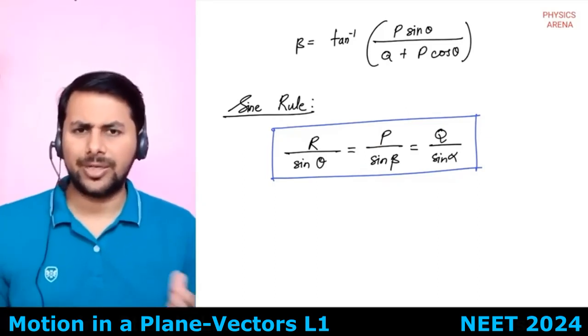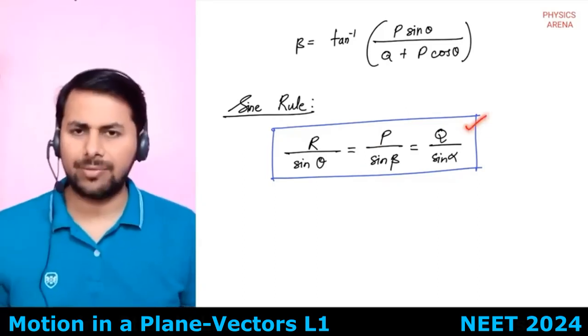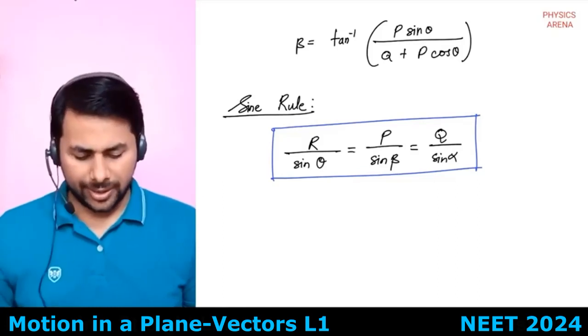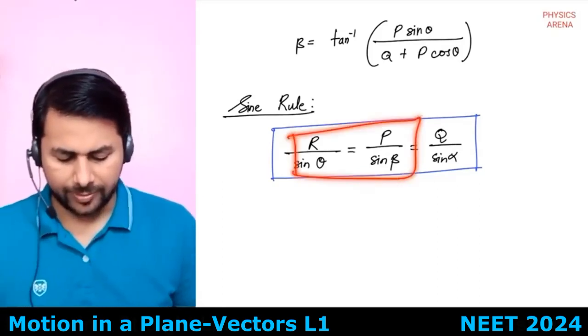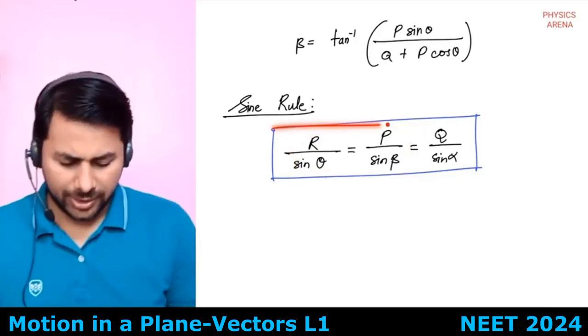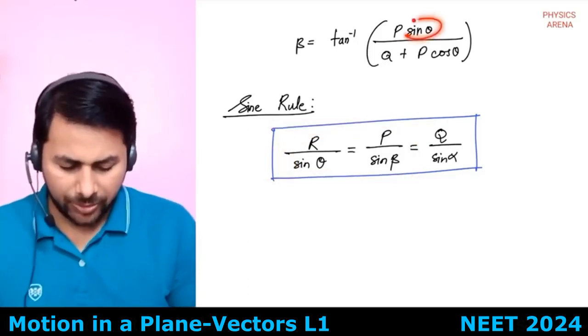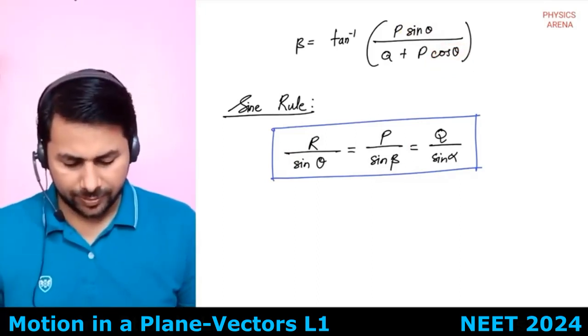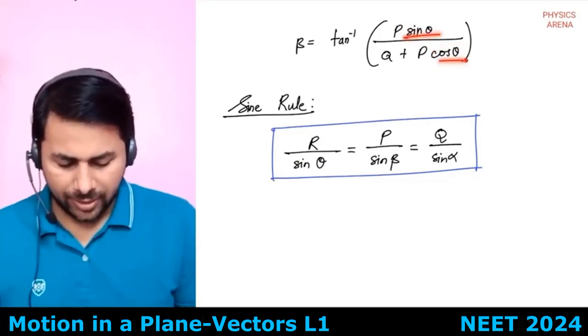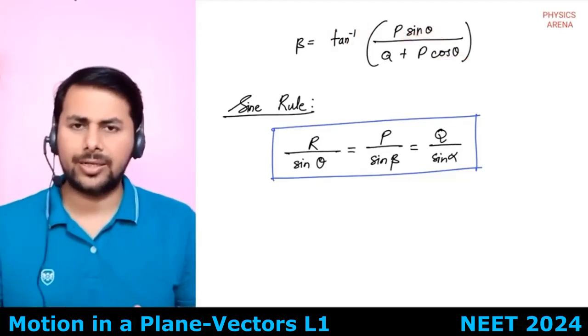So in some cases this formula might be useful, or you can use this one, which is actually a simpler formula. This is just a comparison. Here you have to find sine theta and cos theta, and then you will have to take tan inverse.